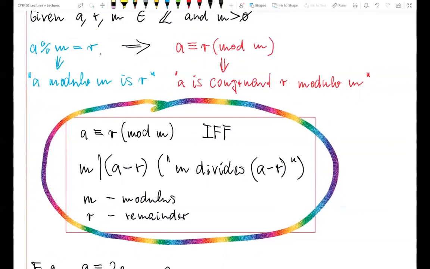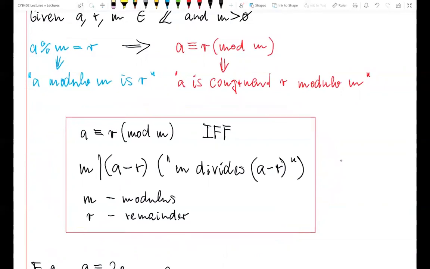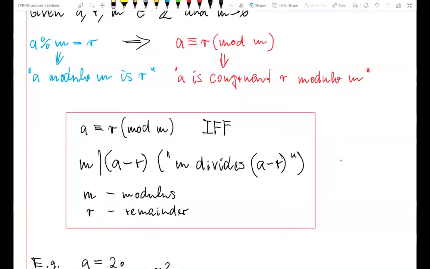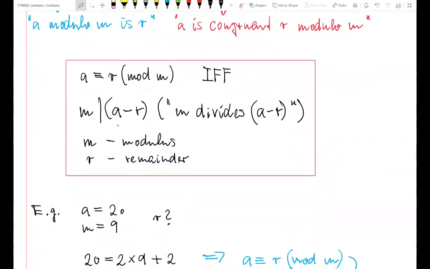Now, when you subtract that remainder r from a, the result should be divisible by m. This is how congruence is actually defined, and it has very important implications that we are going to look into in a second. Again, we subtract the remainder from a, and what we receive is necessarily something that can be divided by m.